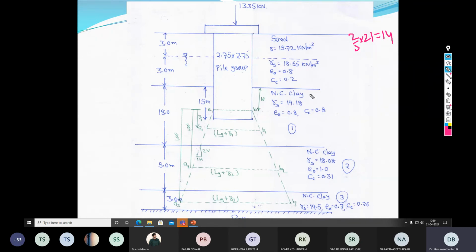Since the majority of the load is getting transmitted only through a fraction of the clay layer, in such circumstances where a significant length of the pile passes through the sand, you can ignore that strata in the calculation of the consolidation settlement.